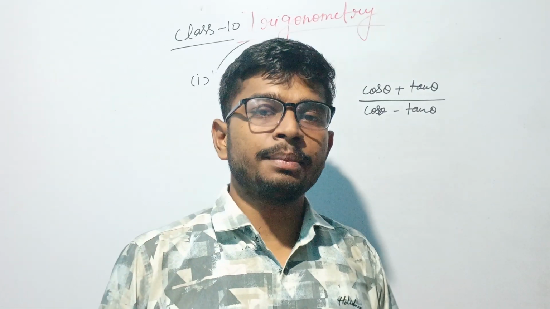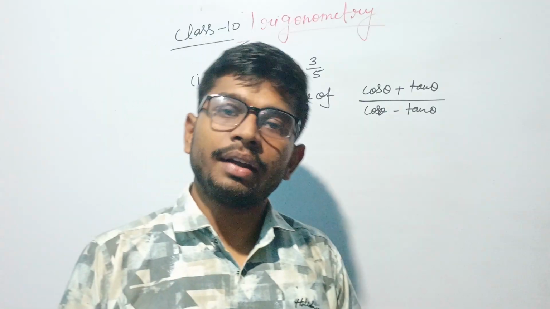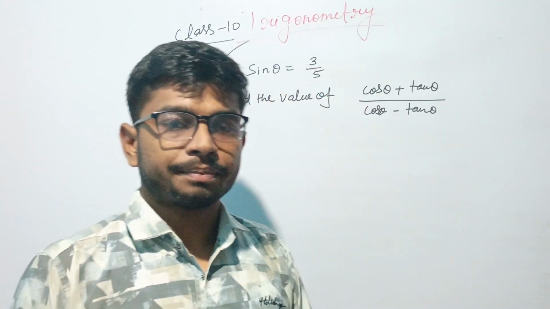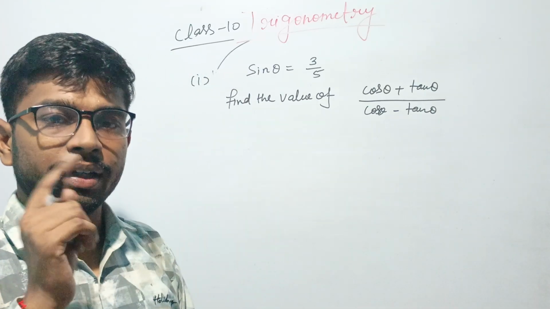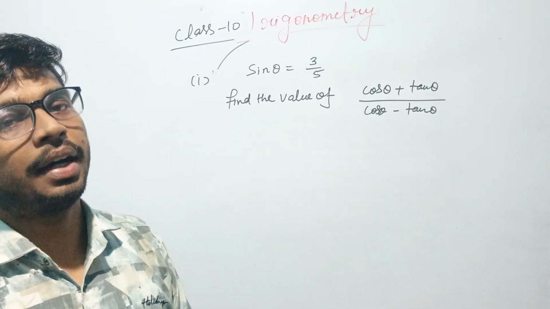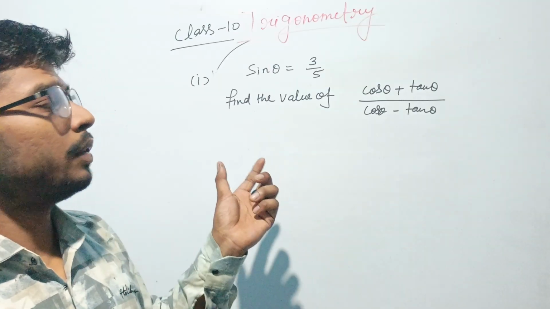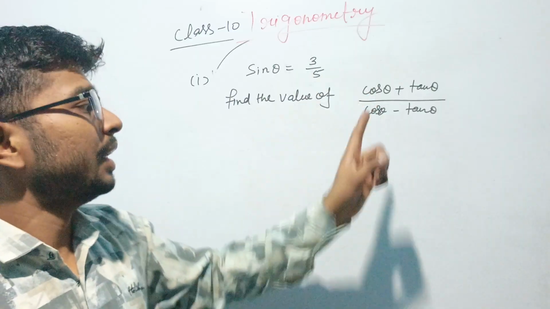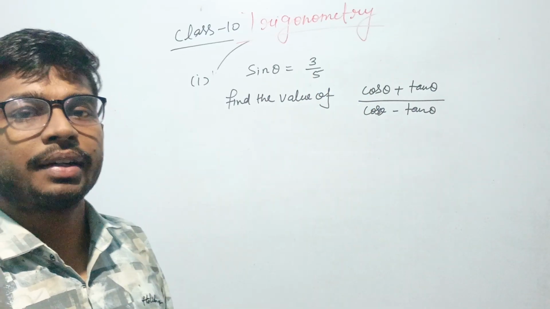So the process is the same. We will make a right angle triangle, put two values, then find the third side. After that, with the help of that triangle, we will put the values of cos theta and tan theta here, solve, and get the answer.